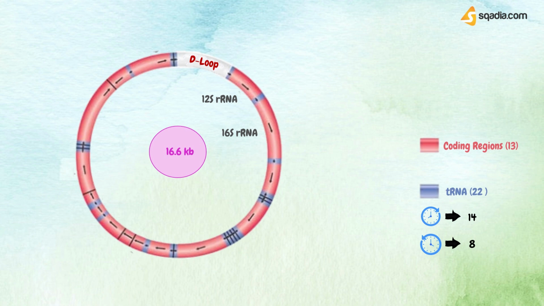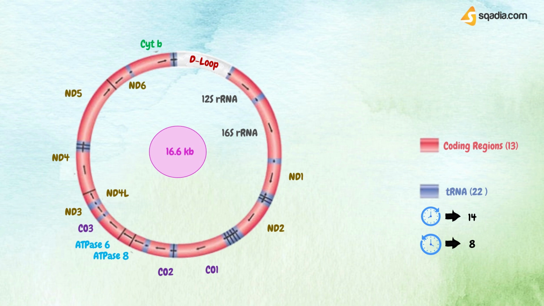These include cytochrome B, 3 subunits of cytochrome oxidase, 1 of the subunits of ATPase, and 7 subunits or associated proteins of NADH dehydrogenase. Moving into detailed structure of the human mitochondrial DNA, or human mitochondrial genome.